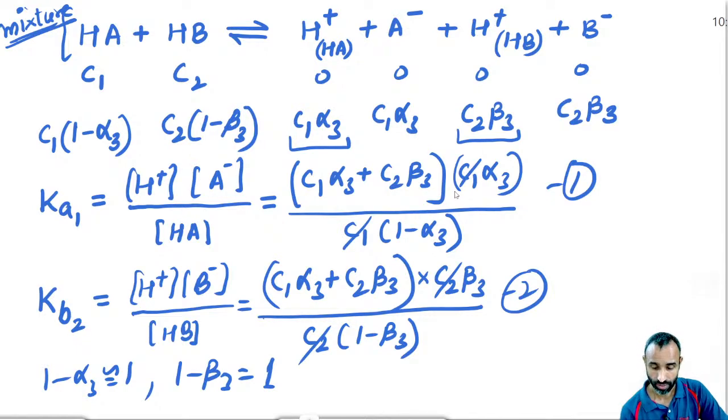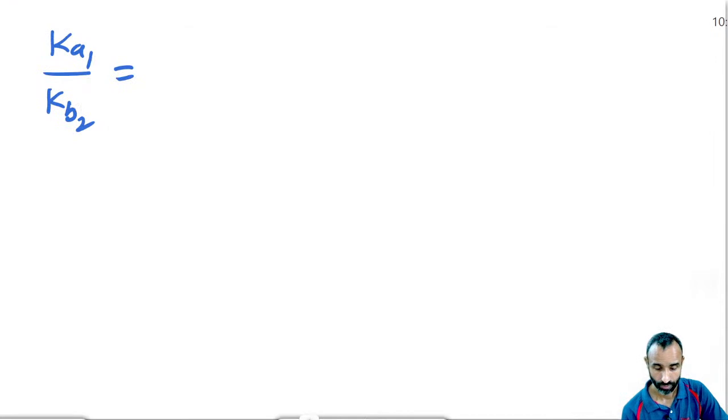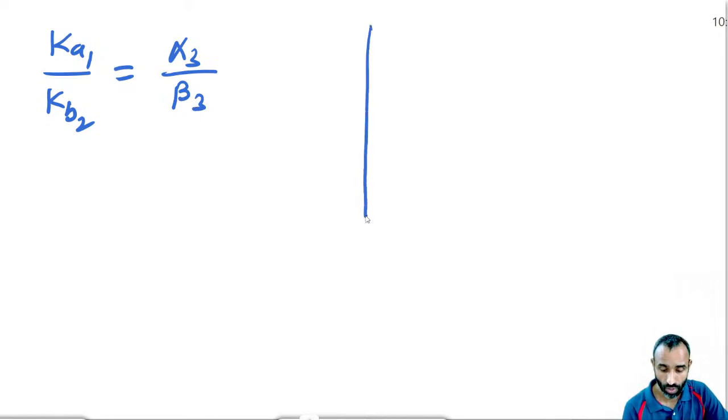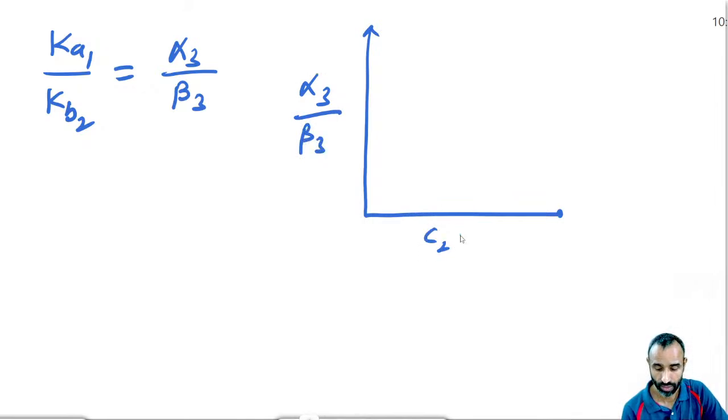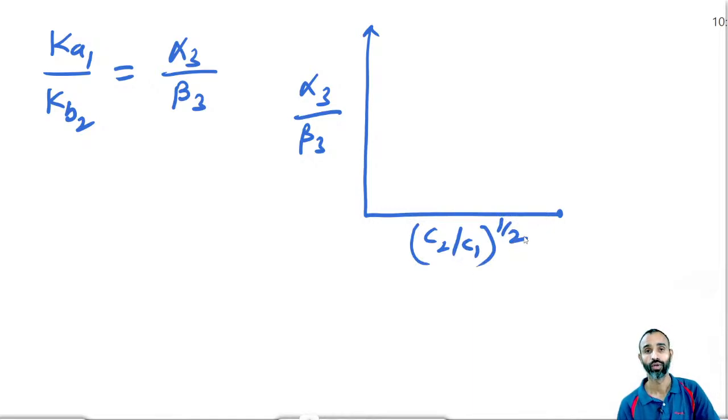C1 C1 cancel, so it is equal to alpha 3 by beta 3. So if we plot a graph between alpha 3 by beta 3 versus C2 by C1 raised to power 1 by 2, what is the nature of the graph?